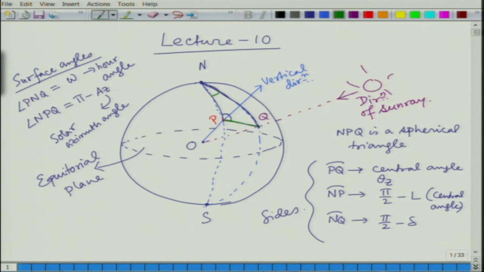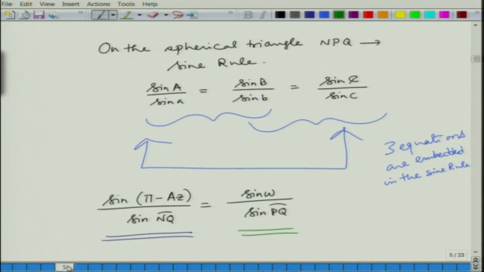Again that makes sense. So, please check whether you agree with me on this sine rule or not. Go back to the figure and look at the angles, their nomenclature, and ensure that you follow what I mean by this equation.